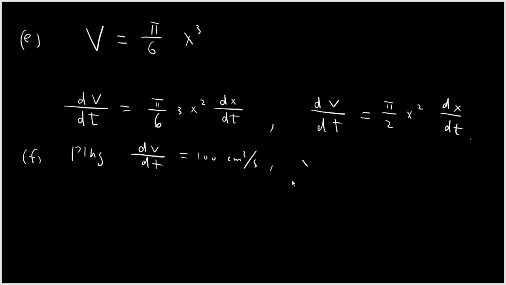And for the x value, we are looking for the instantaneous rate of change when the diameter is 50 centimeters long, right? The x value is 50 centimeters, right? Plug the two conditions into that equation. Okay, the above equation.